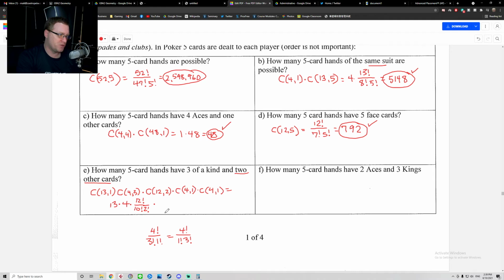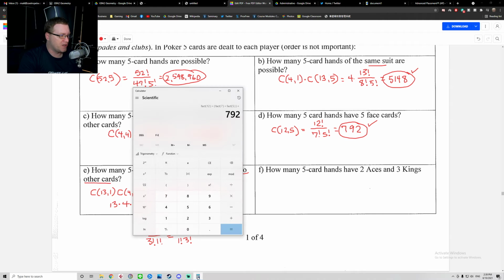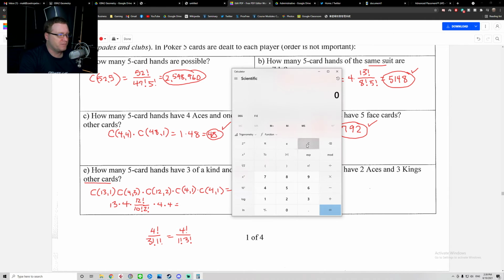And then 4 choose 1 is 4, and 4 choose 1 is 4, all right? So if we calculate this all out, we have 13 times 4 times 12 factorial times 4 times 4.